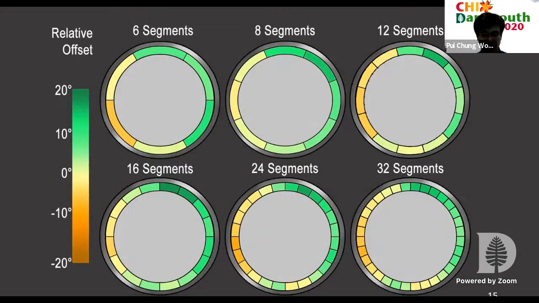For the relative offset of the 6 segment layout, we observed that the right bezel region was green and the left bezel region was orange. That means the participants tend to start swiping with right shifting, especially in the top right region, and with left shifting, especially in the left region.